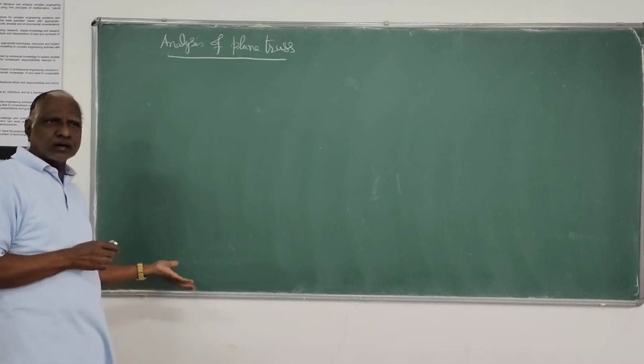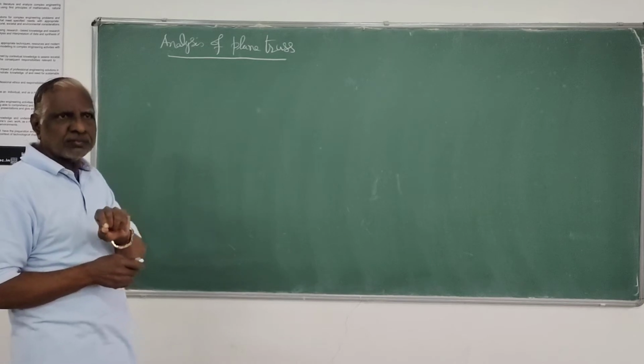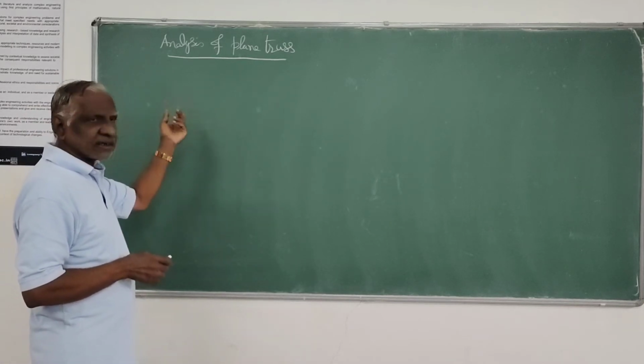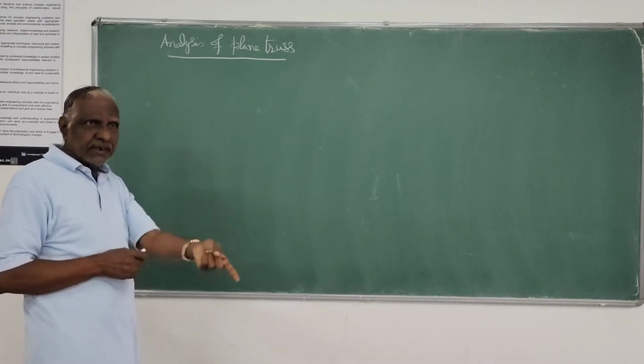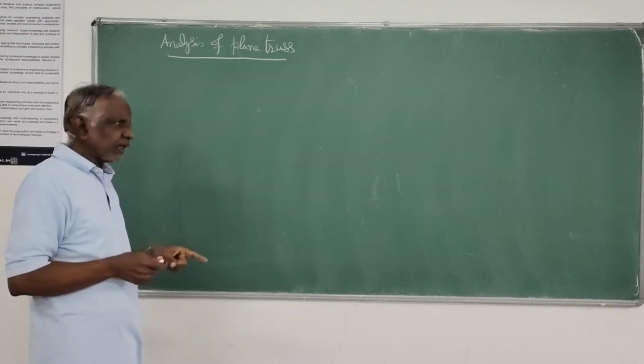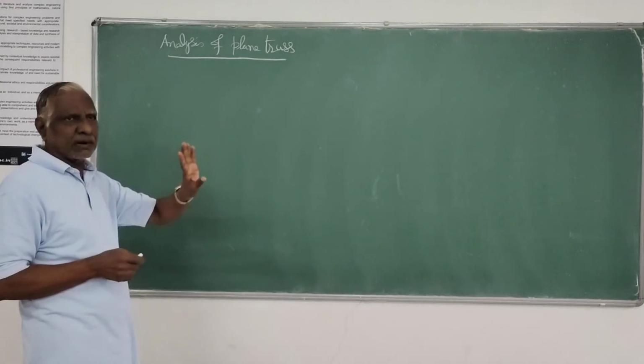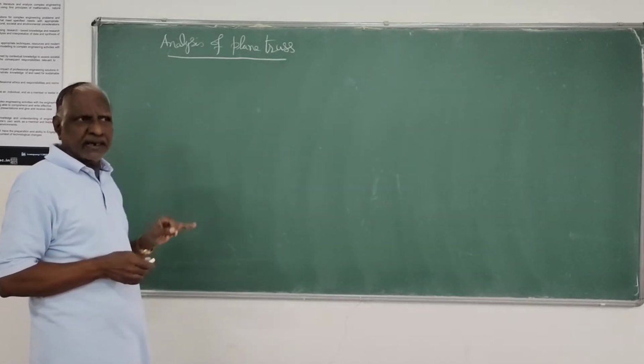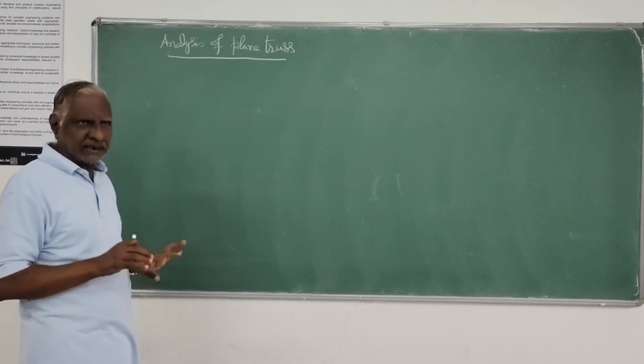We have to go for the element approach of analysis only. That is the basic difference between beams and rigid frame analysis by system approach. System approach we cannot directly apply to plane truss; we have to go for the element approach.